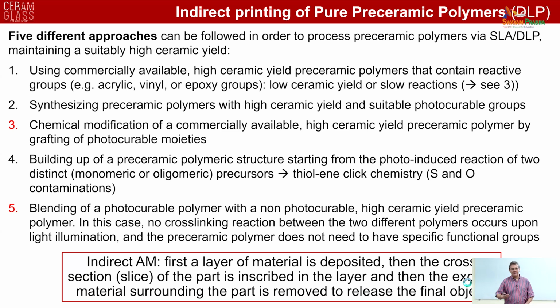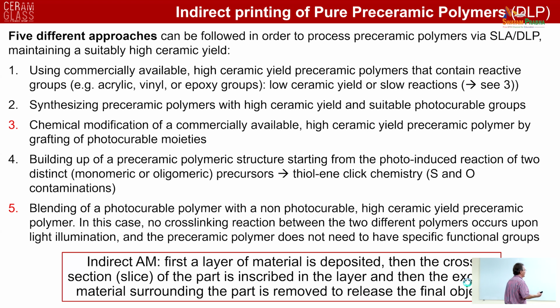And unfortunately, such materials do not exist, because you can have commercially available high ceramic yield preceramic polymers that are non-photocurable, or if they are photocurable, they contain vinyl groups, and those give you only sluggish reactions. So they're not really suited for additive manufacturing approaches.